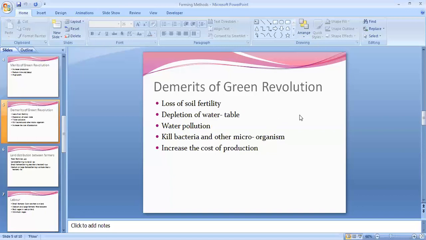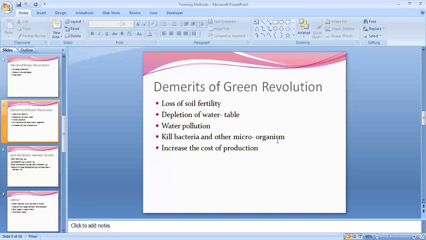It means when the farmers started to use groundwater for irrigating their land, the groundwater level was depleted. Number three, water pollution. Water pollution means chemical fertilizers dissolve in the groundwater and pollute water bodies like rivers, lakes, etc. Now the next, killing bacteria and other microorganisms.